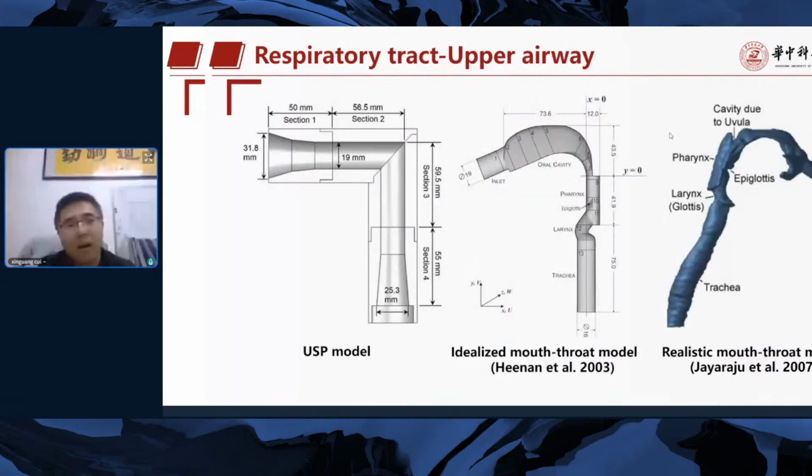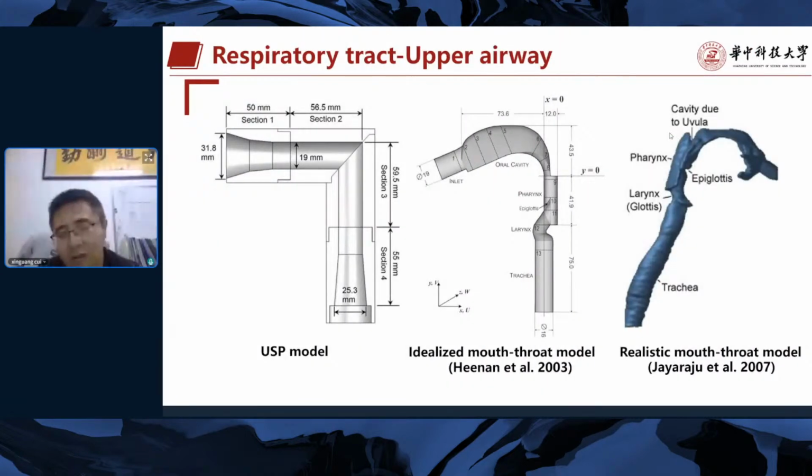And in fact, let's start from the geometry. These three geometries are about the upper airway, which we could say goes from the mouth or nose to the trachea.